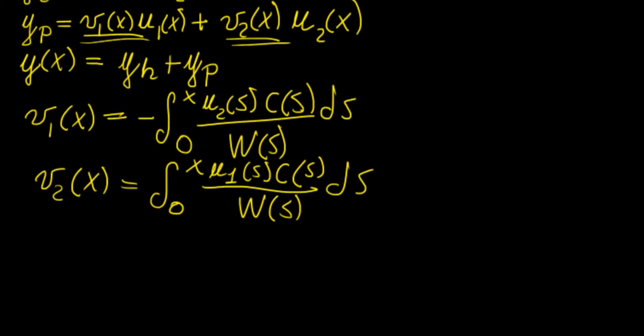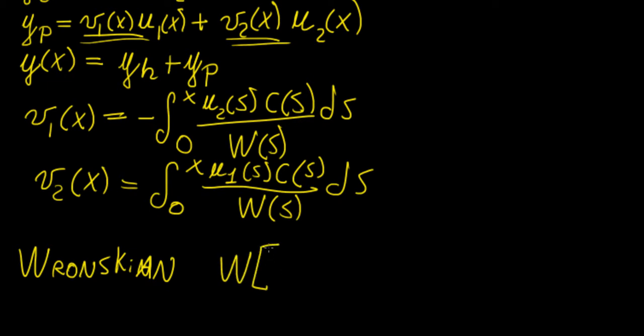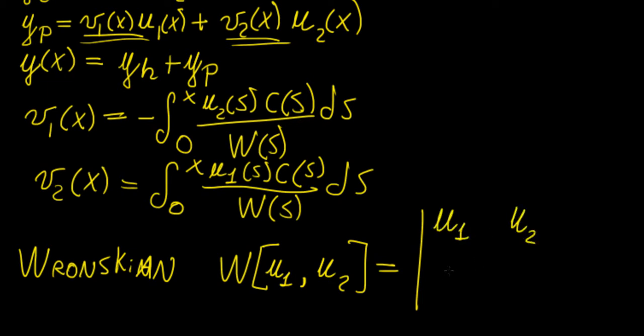So what is this Wronskian here? The Wronskian is a concept developed for second order differential equations, and it is defined as follows. If we have two functions, in this case the two homogeneous solutions, it is equal to the determinant of the following 2 by 2 matrix: u1 and u2, and then the derivatives of those two solutions.